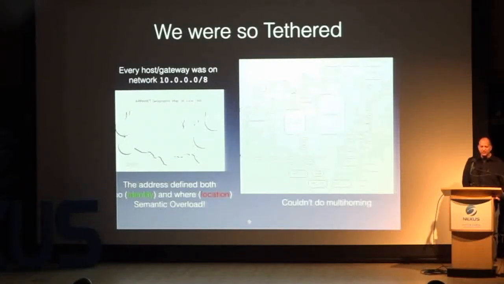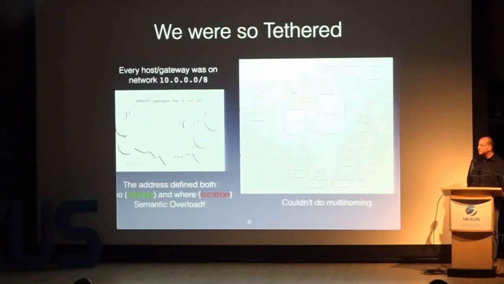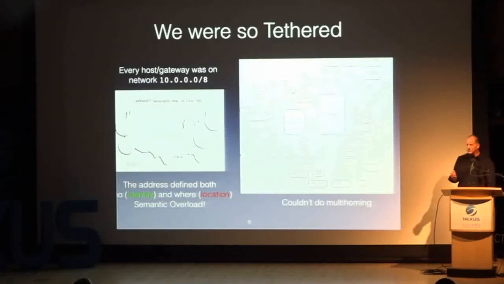The ARPANET only had a few nodes across the U.S. They were nodes that didn't look like IP routers, but they did move IP version 4 packets. And it turns out that everybody connected to the ARPANET was addressed in 10/8, the IP prefix 10/8. And then the 0.0.0 would be filled in with what IMP you were connected to and what port on the IMP you would be connected to.